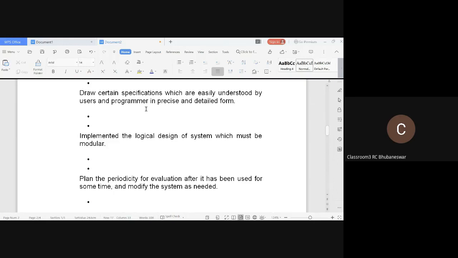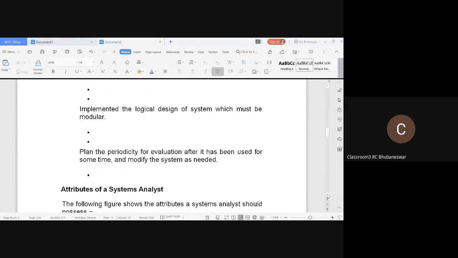So all those parameters must be considered, and all these qualities must be held by the system analyst, or you can say the expert. Every possible problem should be able to be handled by the system analyst. Is it clear about the role of the system analyst? There are many more points also.